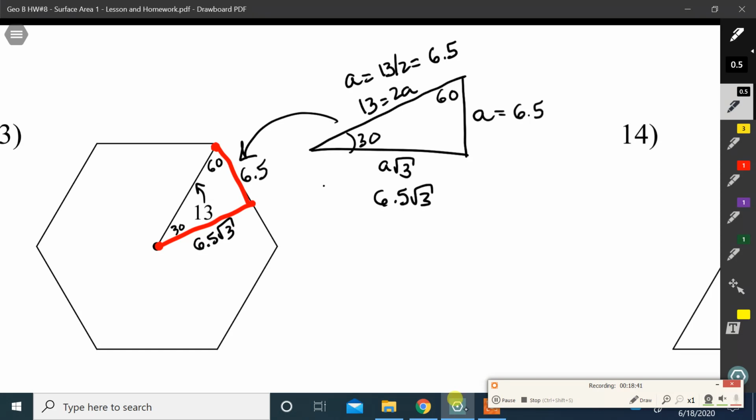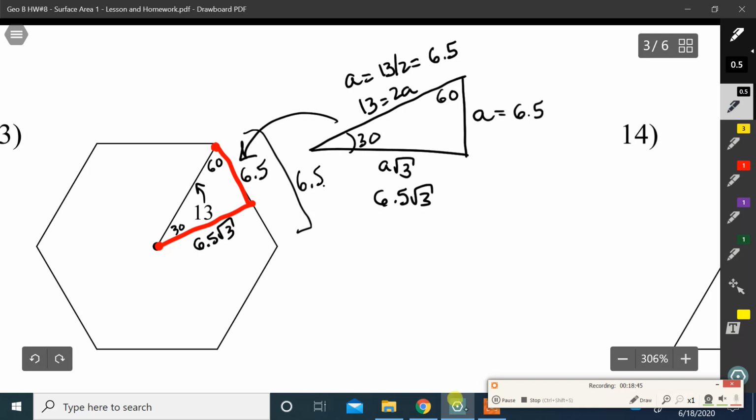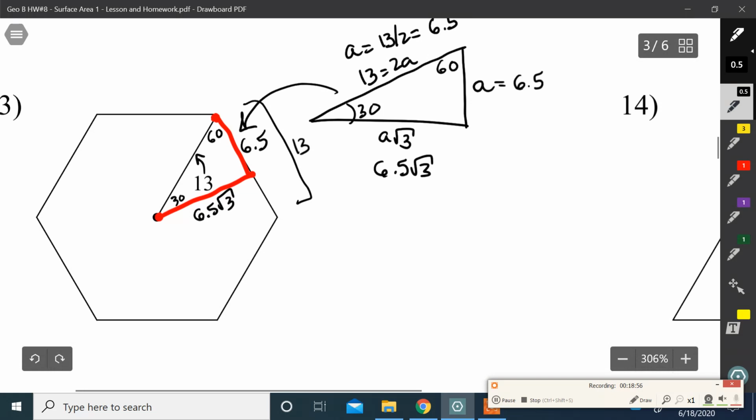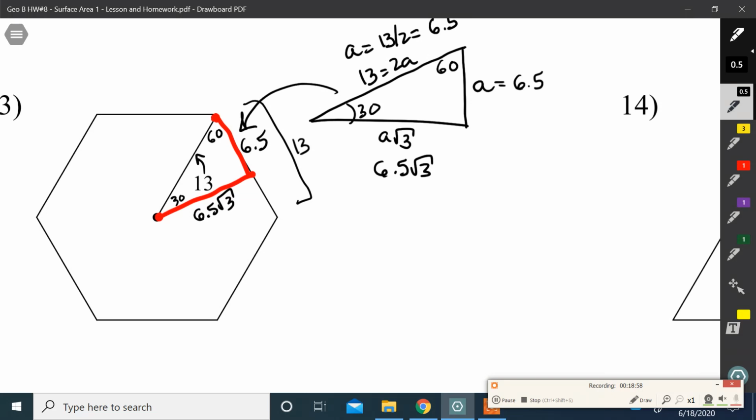Which means that this right here is also 13, because 6.5 times 2 is 13. That's why I get that.